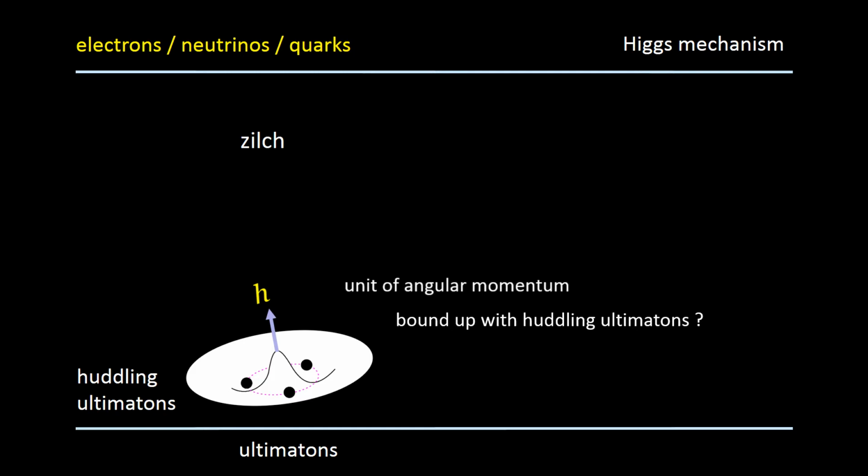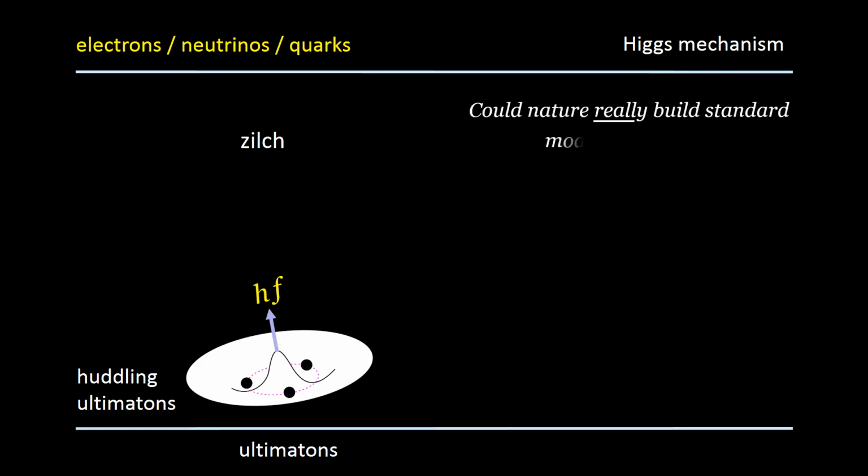So here we are at that extraordinary place where spin gets tangled up with charge, where revelation may be making contact with standard model physics. But the question is, could nature really build standard model matter from such ultimatonic parts? Let's see how this might work.